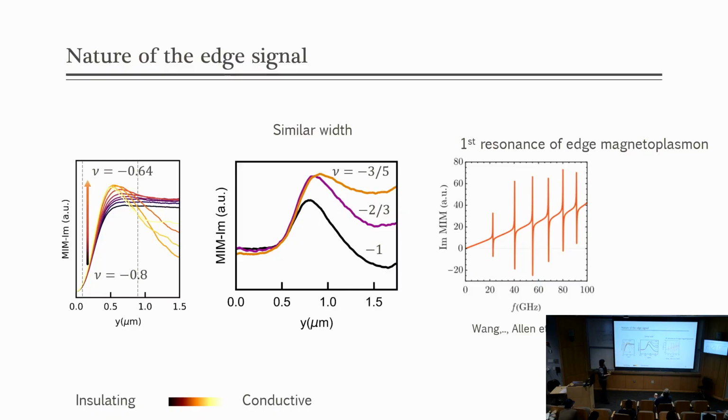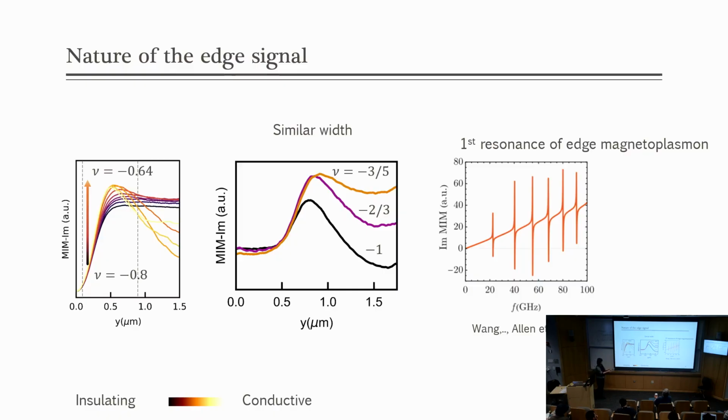But then there was a theory out, from Tiger et al. in 2023, talking about what microwave impedance microscopy is actually measuring when it hits a Chern insulator edge state. And it says it's actually measuring the edge magnetoplasma.